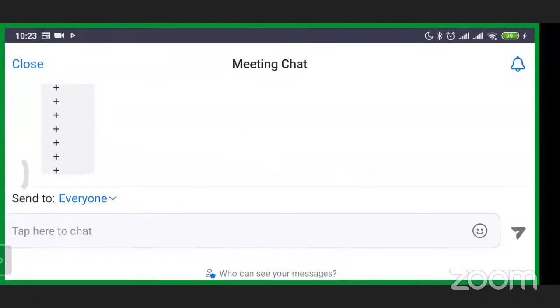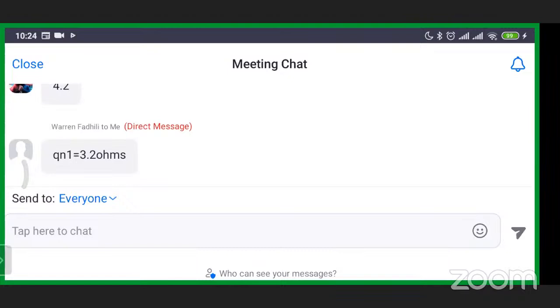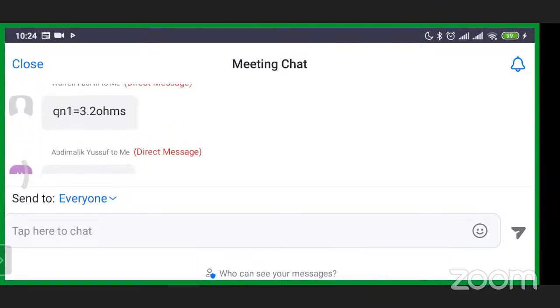So I'm having 1.142. So no one has posted the answer here. Someone is giving me 4.2 for part A, and then someone is giving me 3.2.